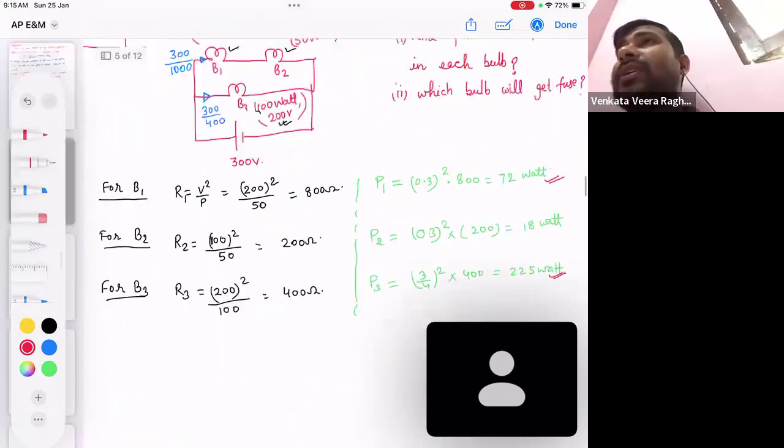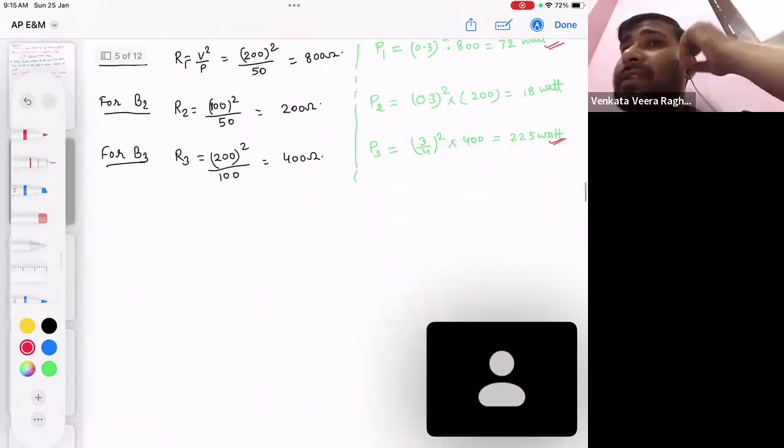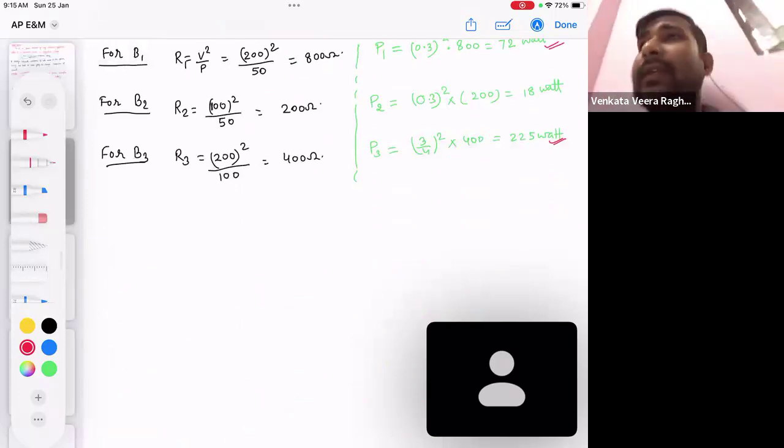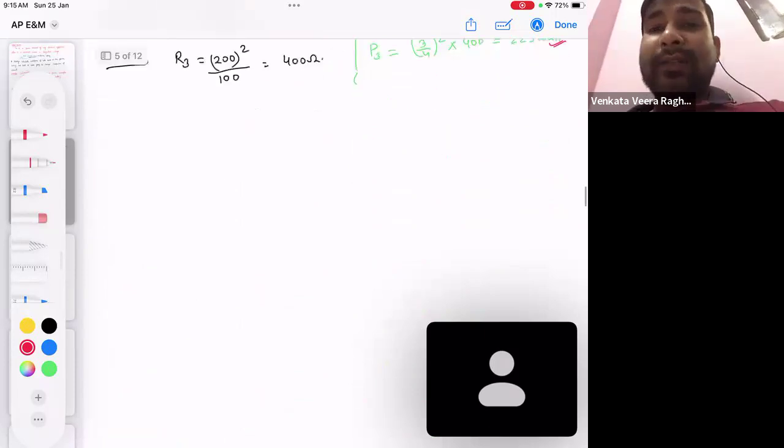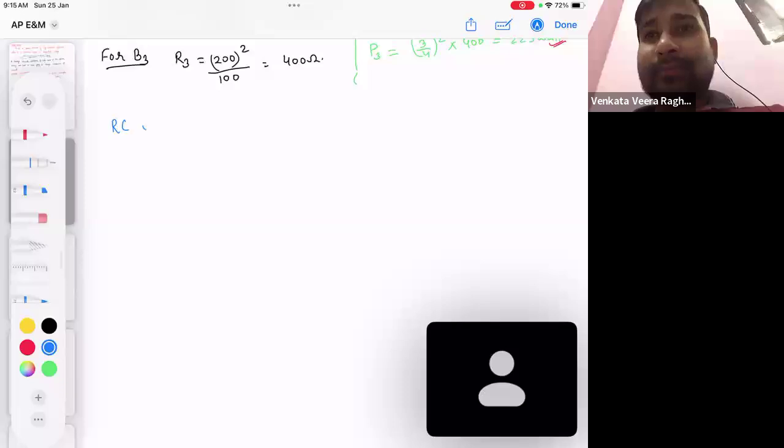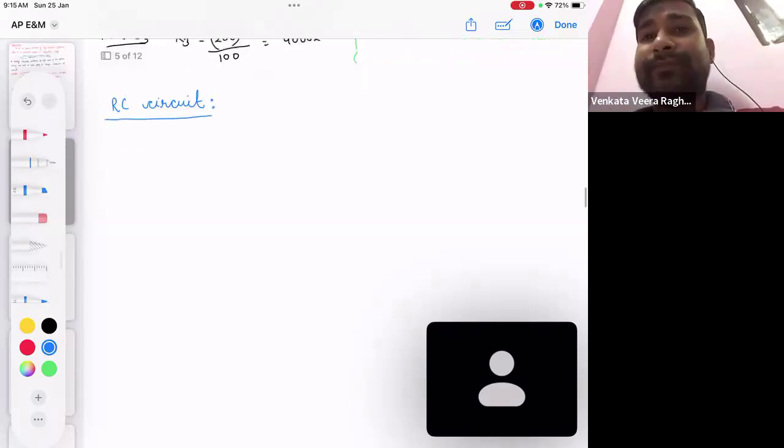Now, till now in any question we have only connected the capacitor or only connected the resistor. Now we are going to discuss the RC circuit. Okay, RC circuit means what? That in a circuit we are going to connect resistance as well as capacitor, both of them.